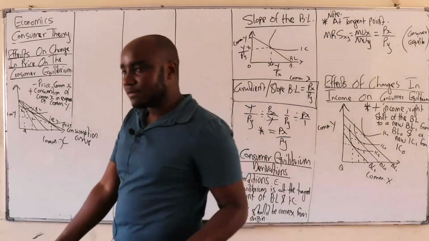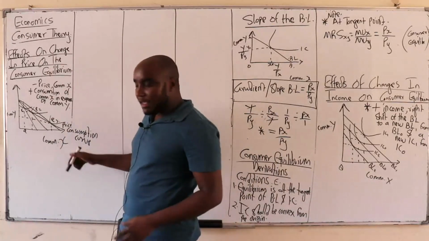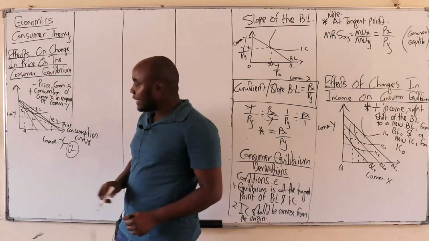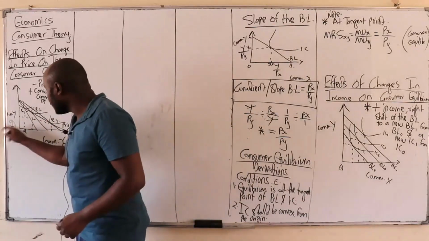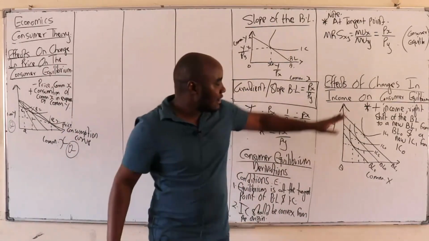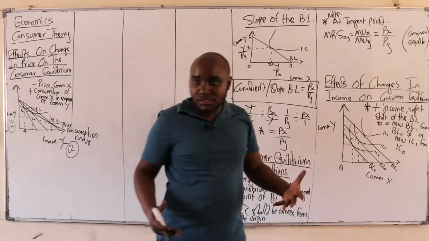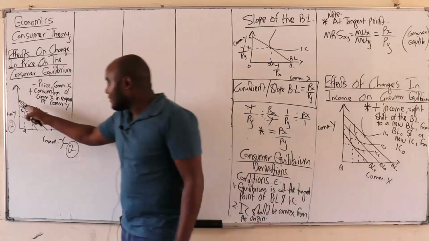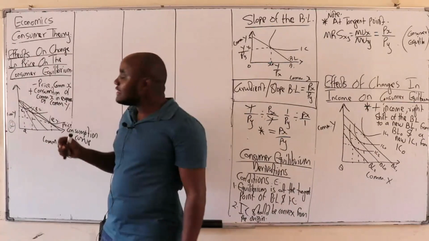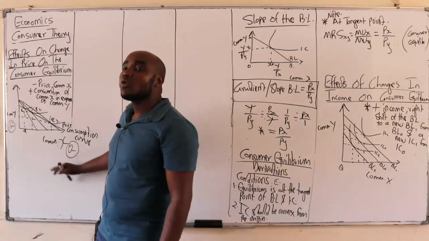When I've written commodity X here, this is the quantity of commodity X, and this is the quantity of commodity Y. When you're changing the income, our budget line is shifting. But here, our budget line does not change. All that changes is the amount of consumption of the goods.